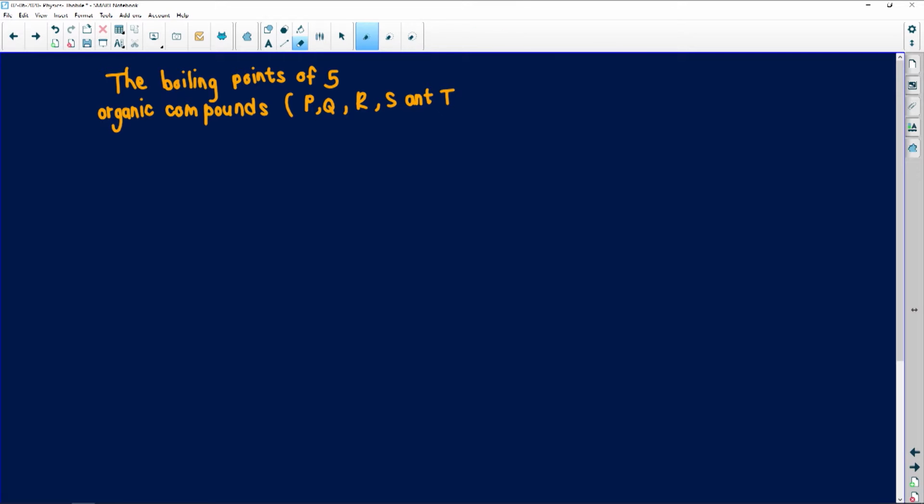So let me just write the graph here. We have P, and they say it's pentanol. We have Q, which is 2,2-dimethylbutane.